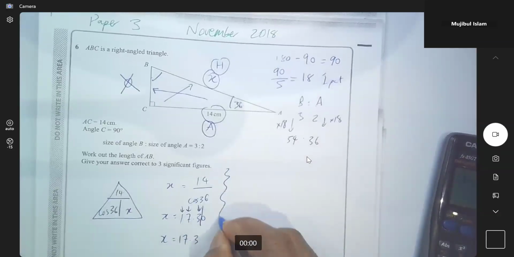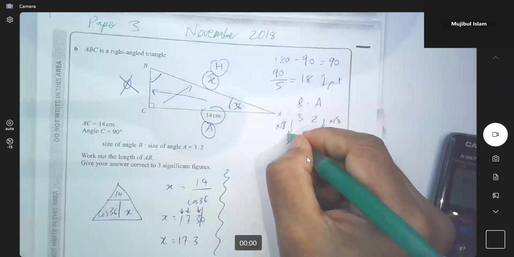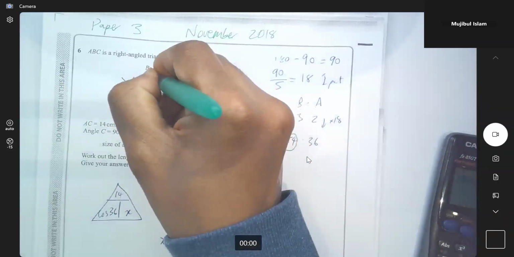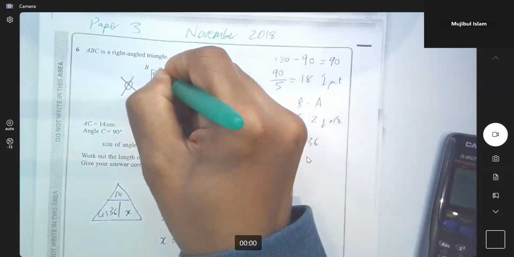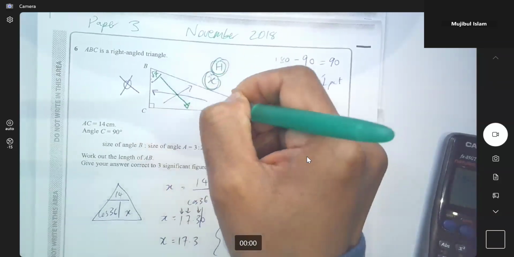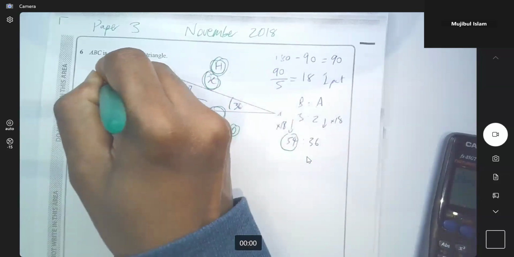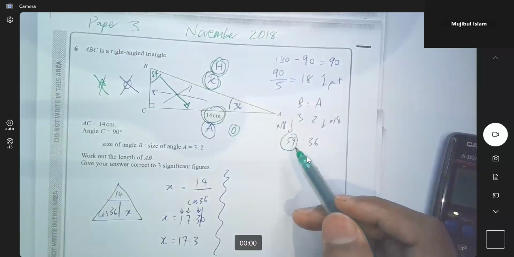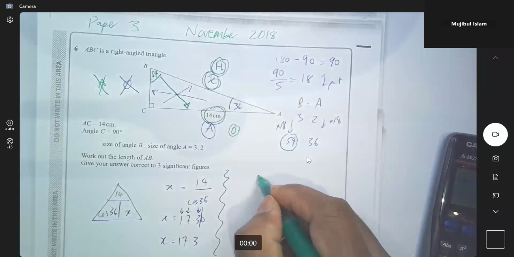If you use the other method, I'll use a different color. If you used 54, this is still our hypotenuse. This is now our opposite, and this would be adjacent. So you cross the adjacent out. So you're using H and O, which is sine.